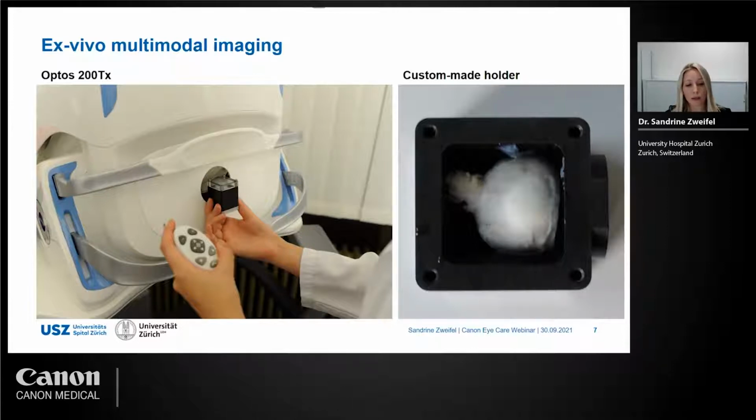The custom-made holder incorporates a +60 diopter lens, which compensates for the missing refraction by the cornea and the lens. Of course, the quality of the ex vivo images is dependent on the time between the death of the donor and the beginning of fixation.